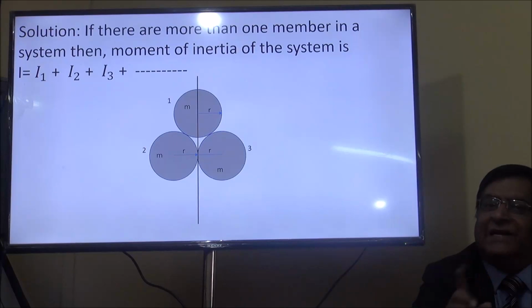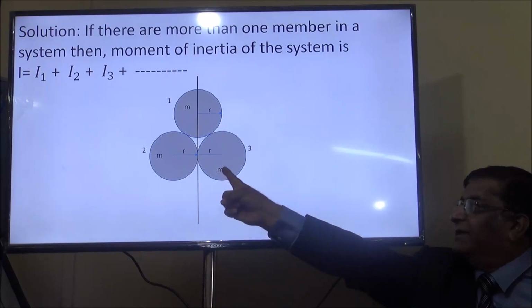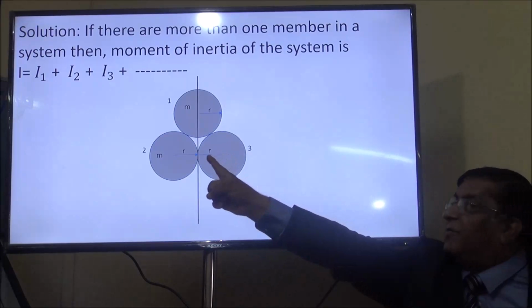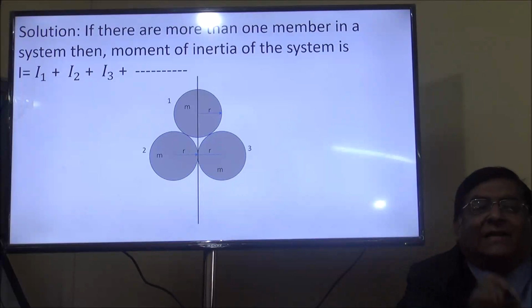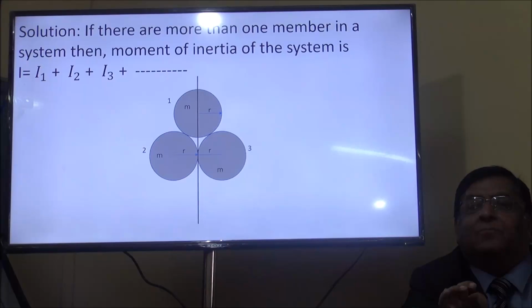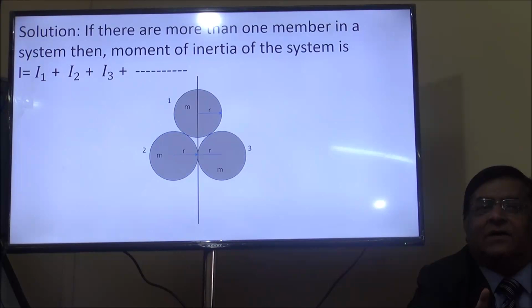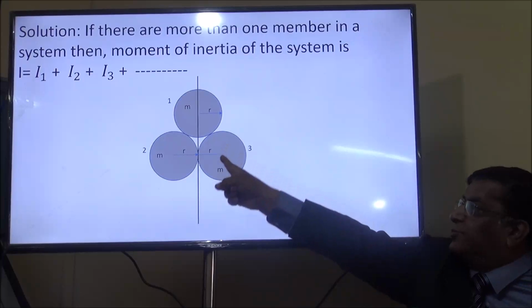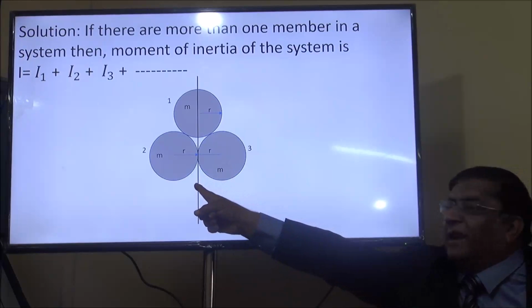But that is not the case in this sphere. It is not passing through the center of this. It is passing from one side, tangential. And this thing we have done in the parallel axis theorem. We know the moment of inertia of a sphere about an axis passing through the center, and this is a parallel axis.